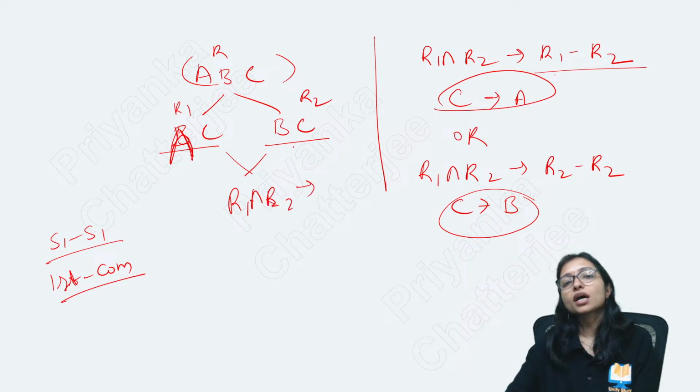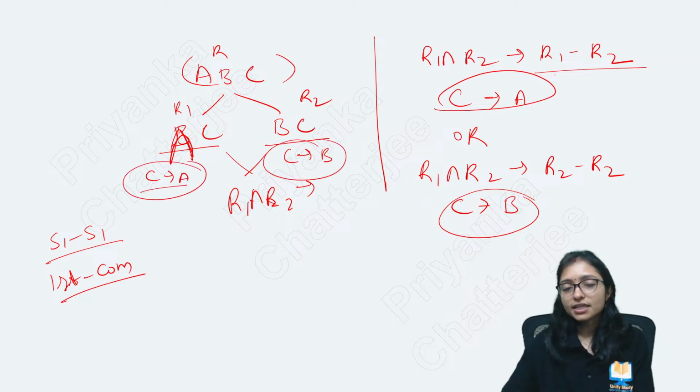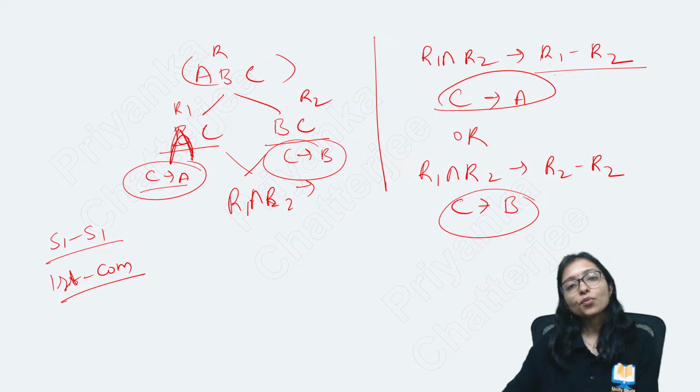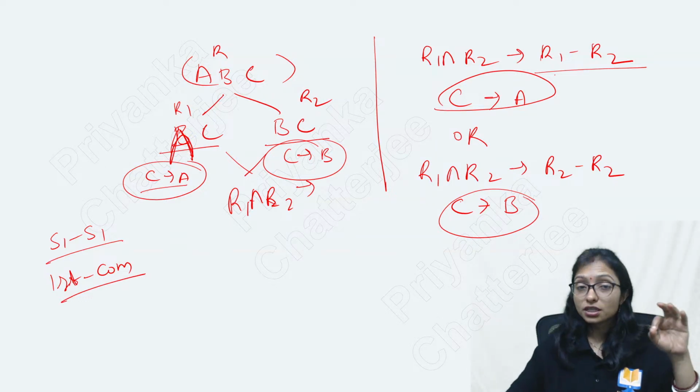It is able to convince. So either C implies B should be present or C implies A should be present. If any one of them is present here, then we can say it is lossless. So kid is the common person who is able to convince either mother or father. Then they will be able to join together, means it is lossless.